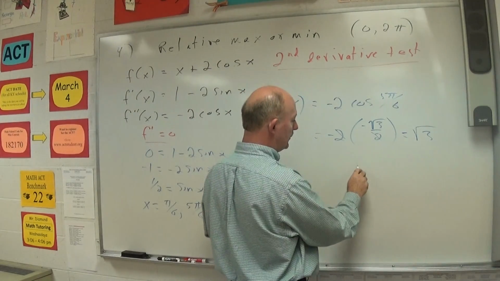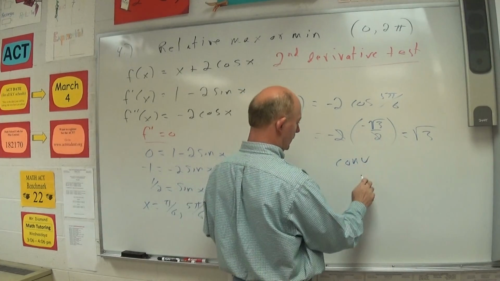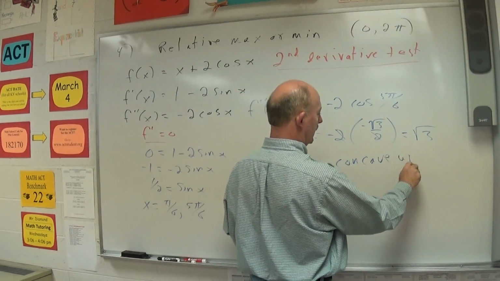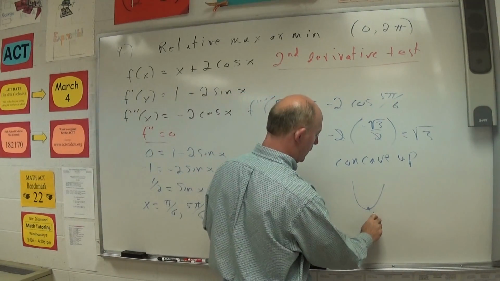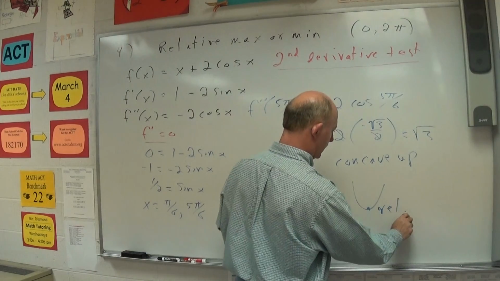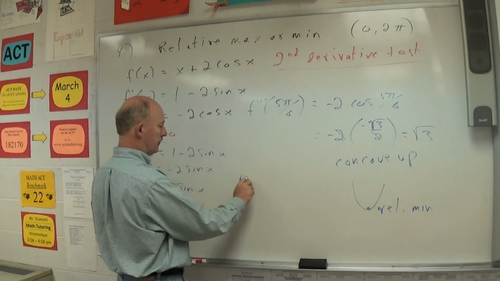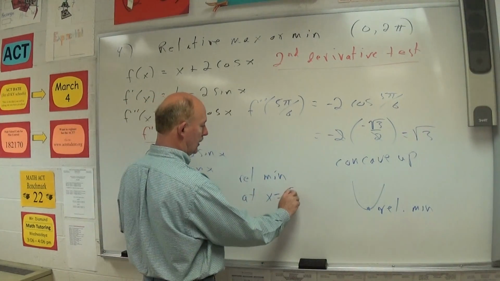Since this is positive, that indicates it's concave up, like so, and that indicates a relative minimum. So we have a relative minimum at x equals 5 pi over 6.